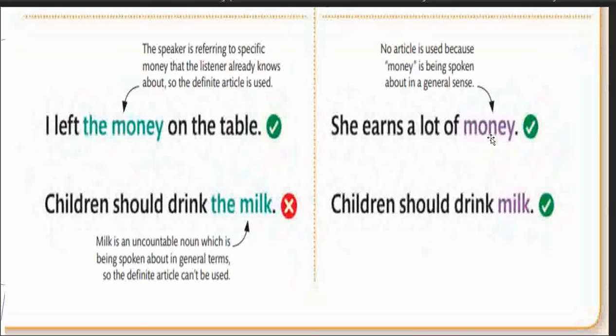She earns a lot of money. No countable quantity or value or number is known. In general, the word money is used. No article is used because money is being spoken about in general sense, general context. Children should drink milk. As the correction of this, we had already discussed this.